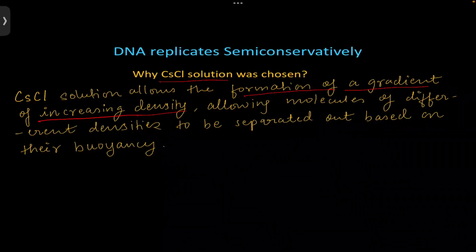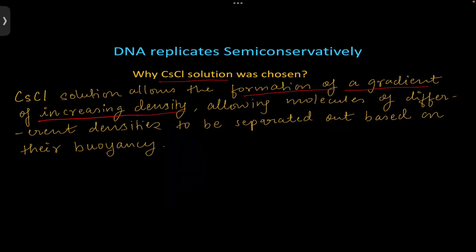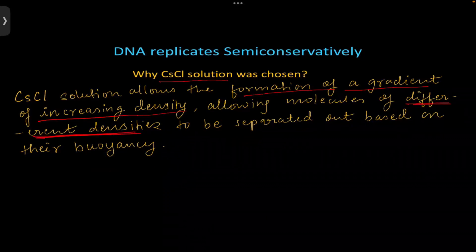In this way, you can get a gradient from low to high density within the cesium chloride solution, which allows separation of molecules having different densities. The solution is such that it allows this kind of gradient formation. That is why they chose cesium chloride to analyze the DNA molecules containing 2 different isotopes of nitrogen.